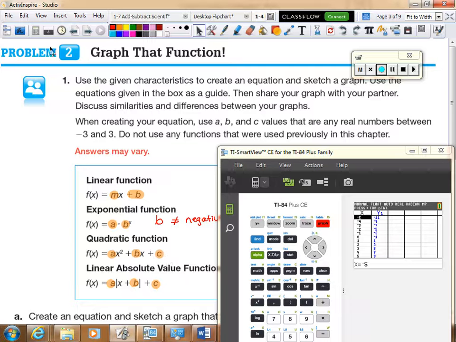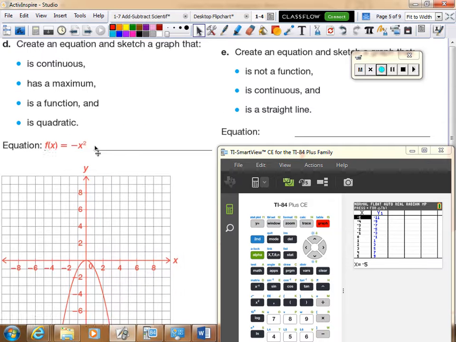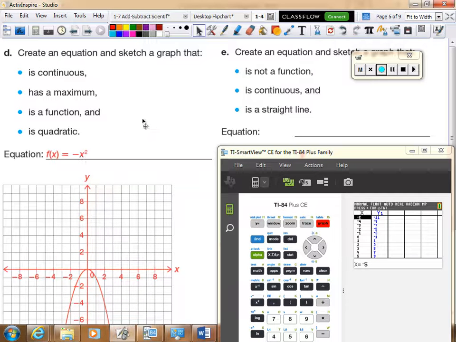Okay, so the one that I'm going to use for my example is negative x squared. Remember, the negative out in front is what's going to make my parabola have a maximum.